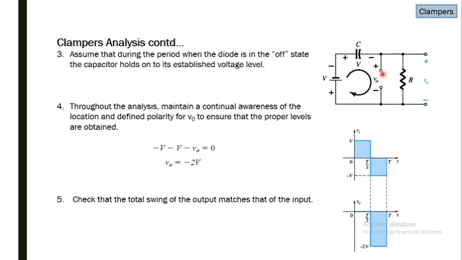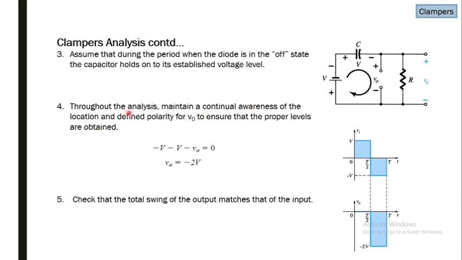In this case, we should replace the diode with an open circuit, and we assume that during that period when the diode is off, the capacitor will hold its established voltage level. That means whatever voltage the capacitor was charged up to in the previous stage, the capacitor will hold that voltage for this whole half cycle.